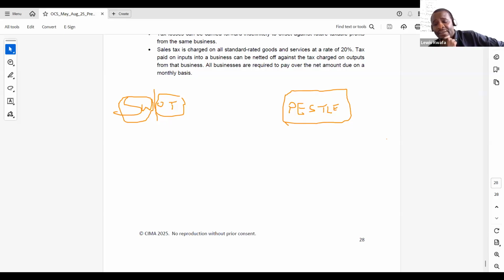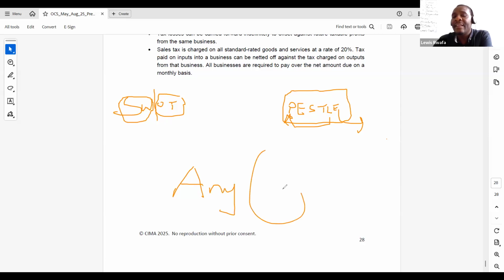It improves customer satisfaction. So many technologies to think about there. The legal part is more linked to political. Environmental, we spoke about them using electric cars, which is good for them.